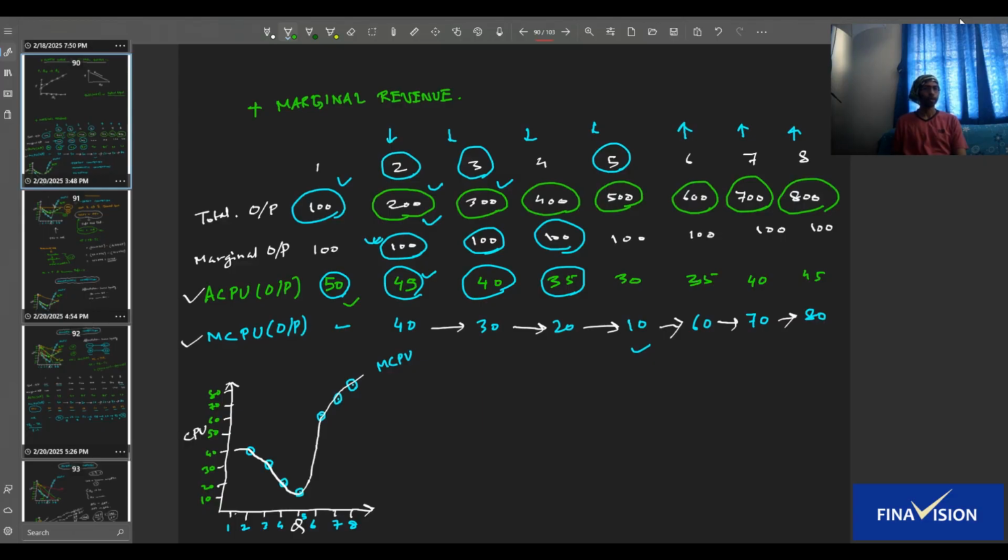So we'll plot option 1, 50 here. Option 2 is 45. Option 3, 40. Option 4, 35.